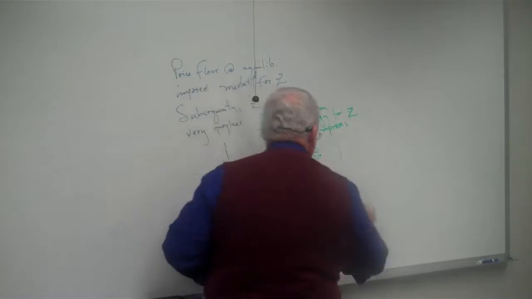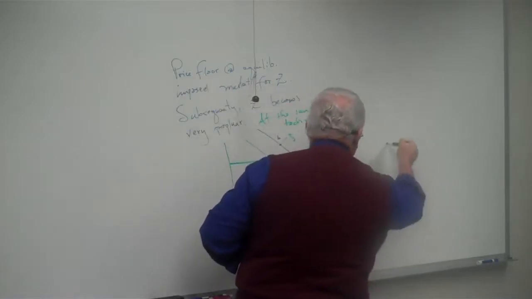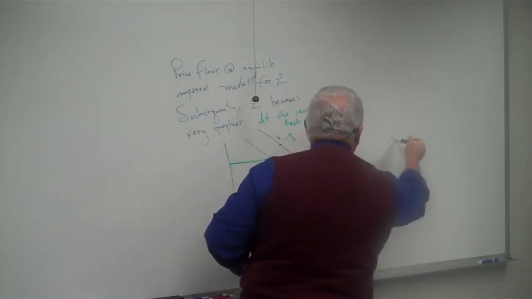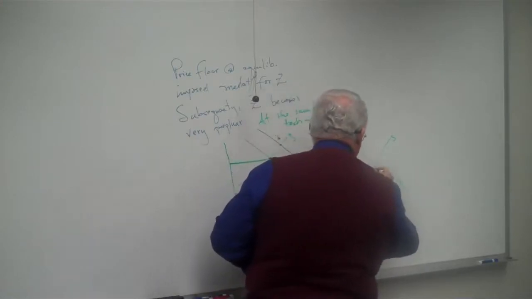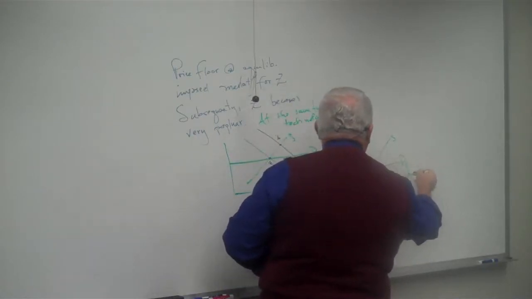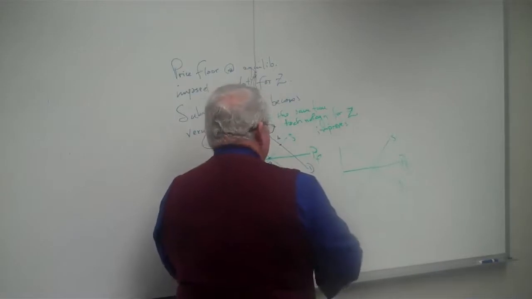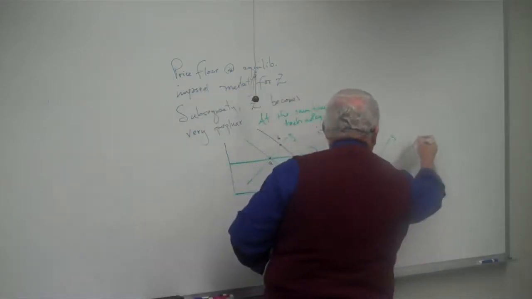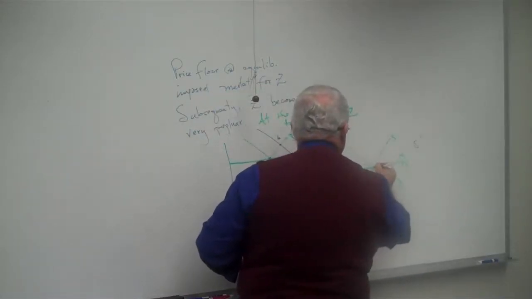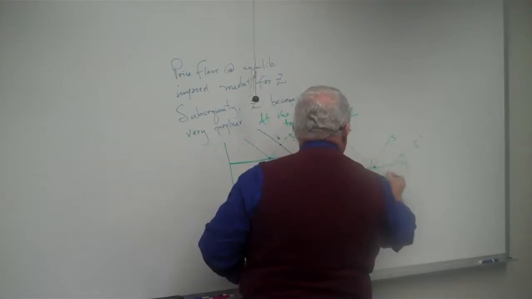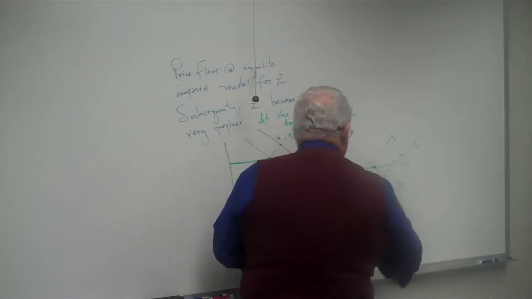Two curves. So with respect to supply and that price floor, we're going to see an increase in supply, and the market's going to try to go from point C to point D. Can it do that?